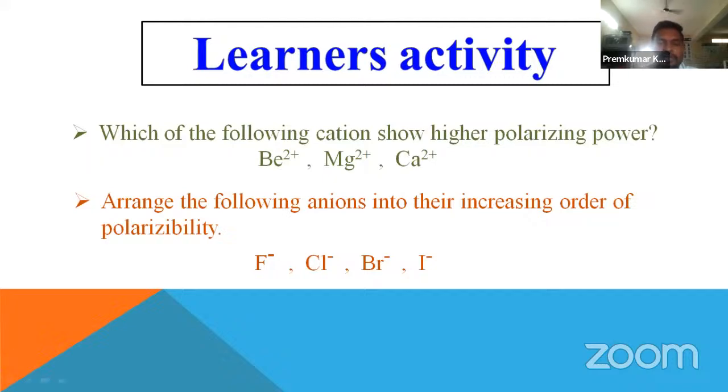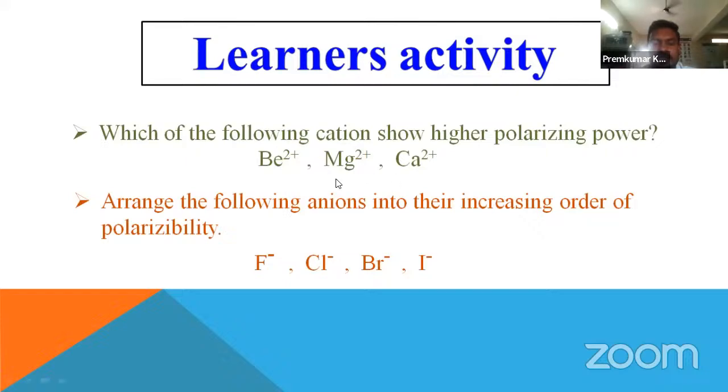I have set up here two questions. Again, I can add more questions in this slide. The first question is, which of the following cations shows higher polarizing power? Polarizing power is a property of cations, and previously I explained polarizing power.